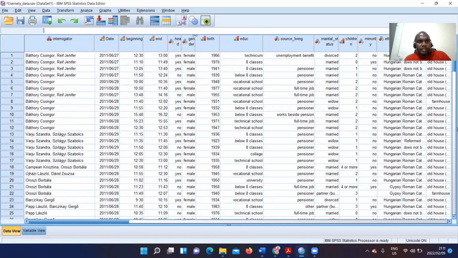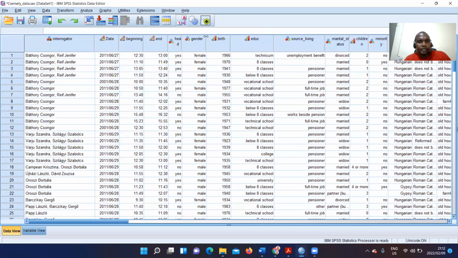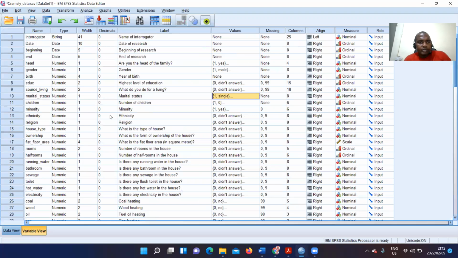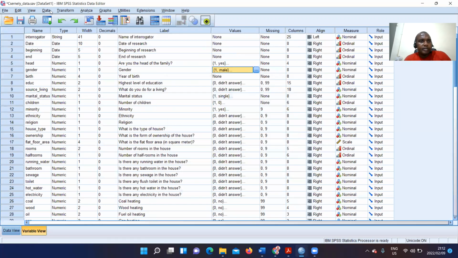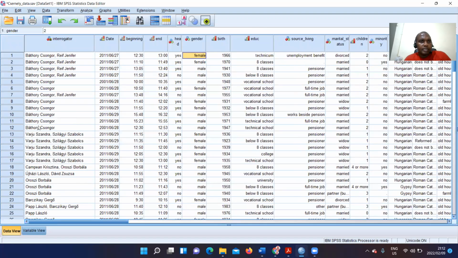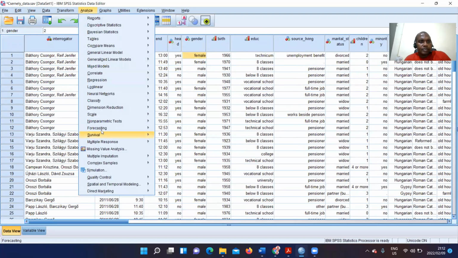If we go to gender, there we see how it is coded: 1 is male, 2 is female. So we may want to analyze whether total expenditure varies between men and women in this village, the Sandy village.